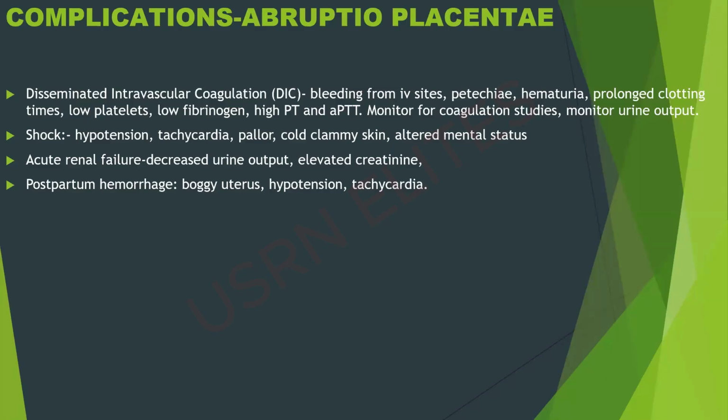But before you give, know the blood type of the mother. So we are closing. Let me ask you, if the mother is O positive, what kind of blood will the mother receive? O positive or negative?